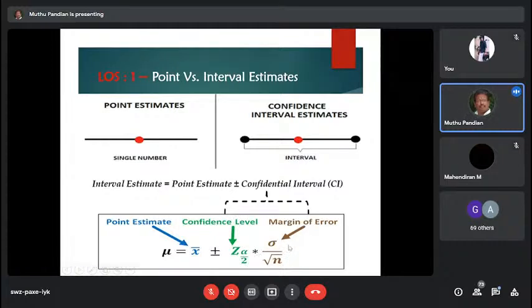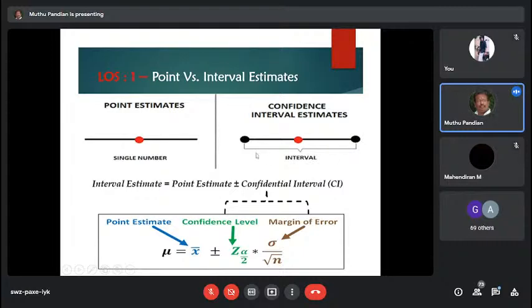This is the formula we use to calculate the confidence interval.